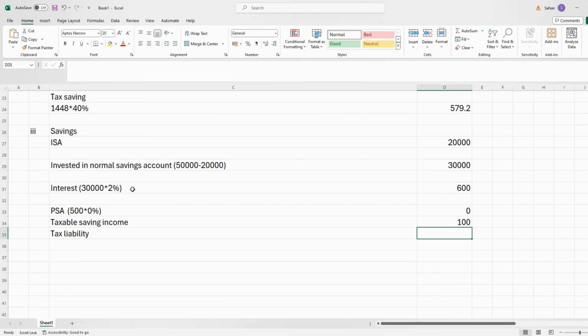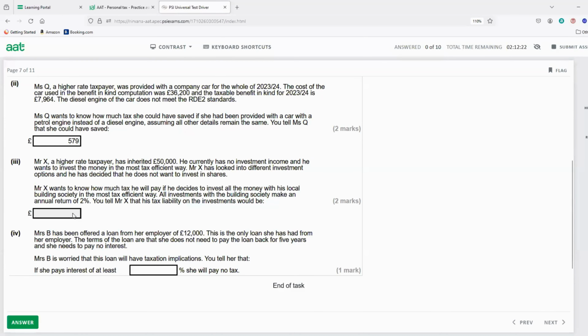So the taxable saving income is 100. And remember the tax liability on this will be 40%. Why? Because the person is a higher rate taxpayer. So this person will be paying £40 on this savings income. So the answer to this is £40.